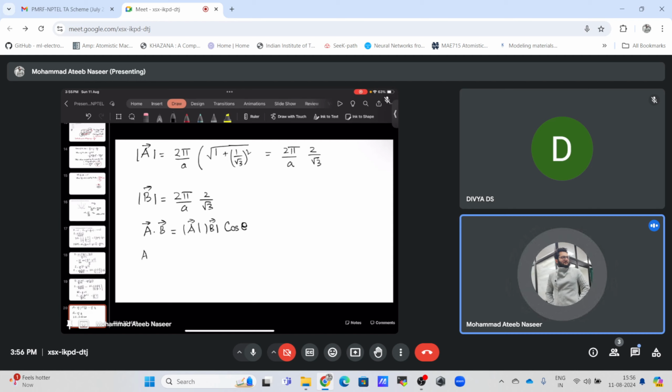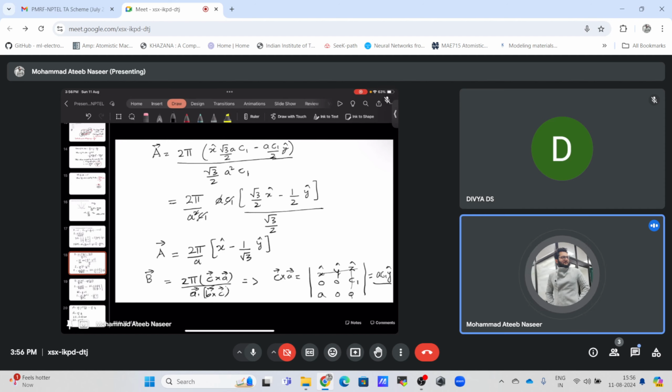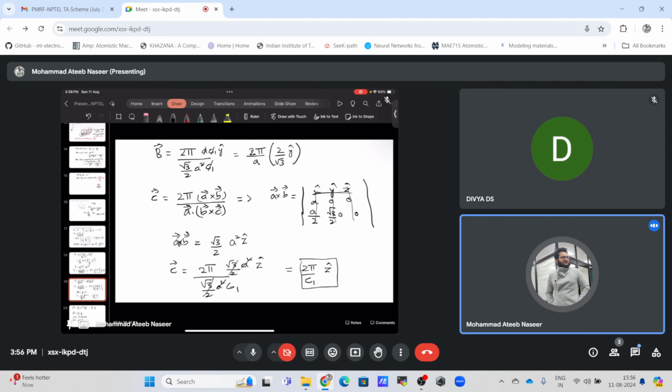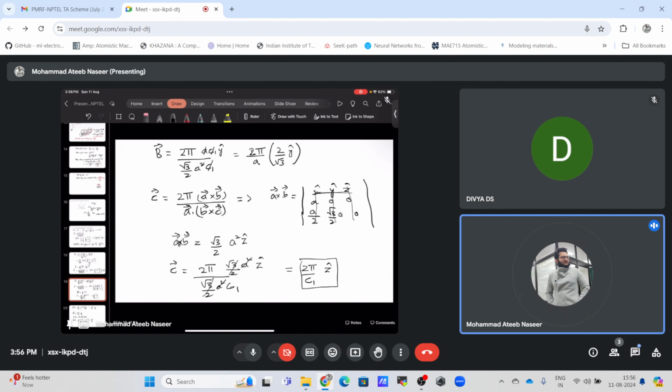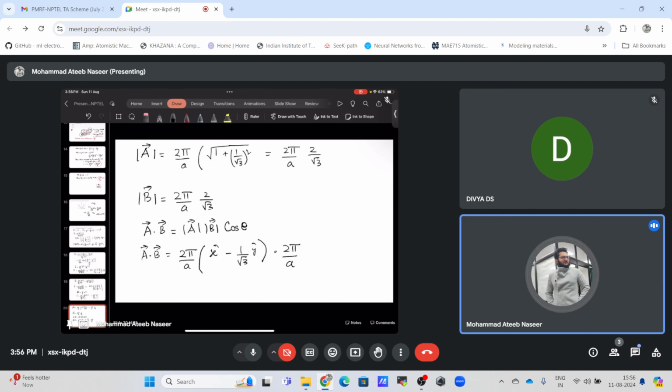So a dot b is simply 2 pi by a, x hat minus 1 by root 3 y hat, dot product with 2 pi by a, 2 by root 3 y hat.